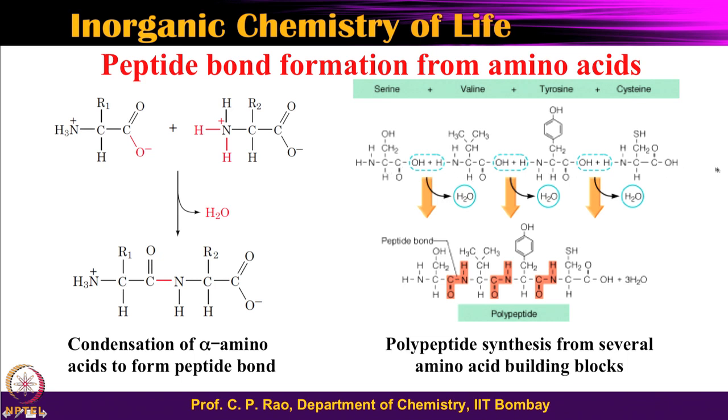Now, after this is formed, what do you have? At this end you have an amine, at this end you have a carboxylic, but otherwise there is no other amine or carboxylic. You only have CONH. So, what is important? Only the side chains. In a huge protein, let us say having 100 amino acids, 200 amino acids, 1000 amino acids, what is important?